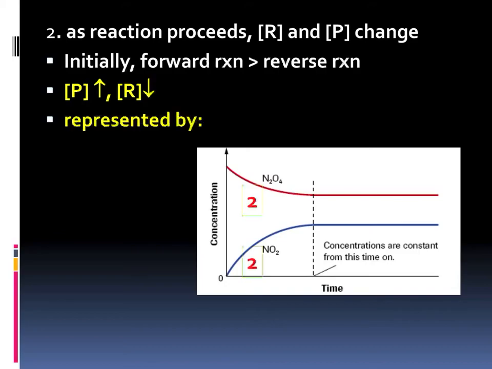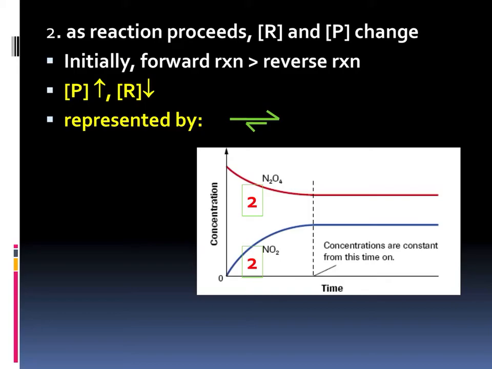When you draw this arrow, we're not going to draw an equal arrow because they are not occurring at equal rates. The forward reaction is greater. How much greater? We don't really know yet. When we get to 7.5, we'll look at quantitative changes in equilibrium systems. But for now, you just want to show me that you know that there is a larger forward direction.